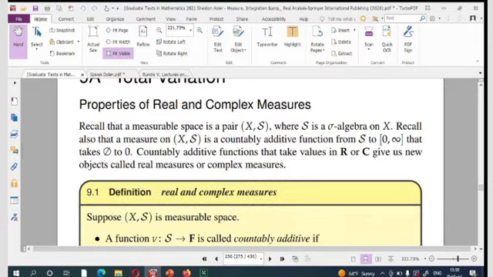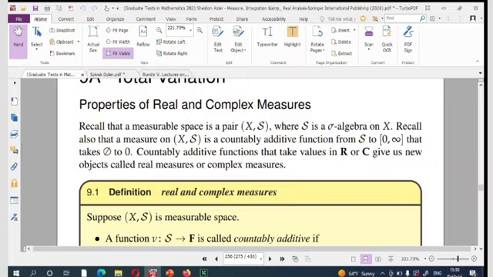recall that a measurable space is a pair X and S, where S is a sigma algebra on X. Recall also that a measure on this measurable space is a countably additive function from S to this interval that takes empty set to 0.